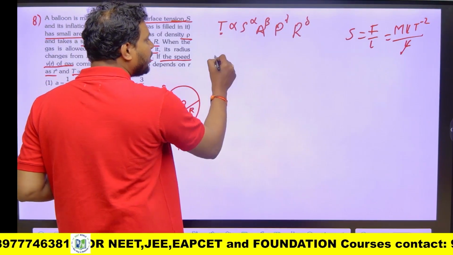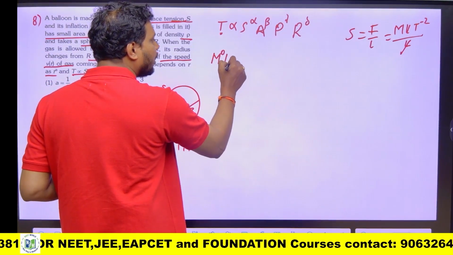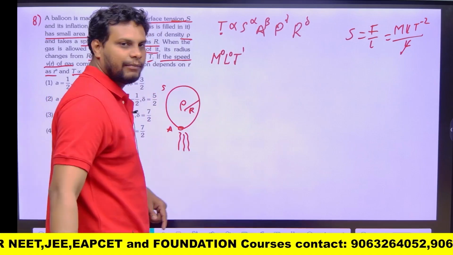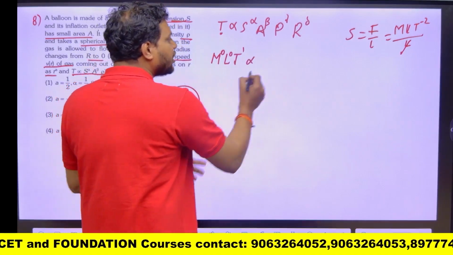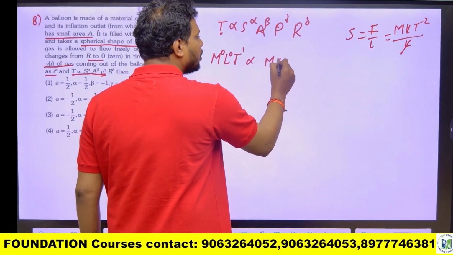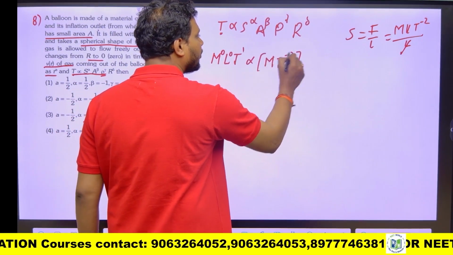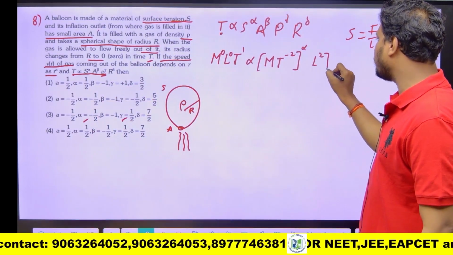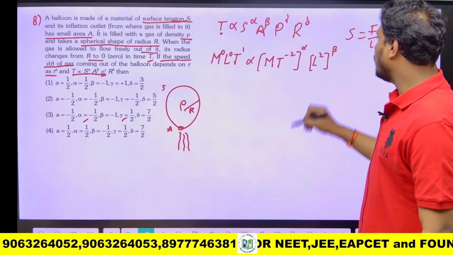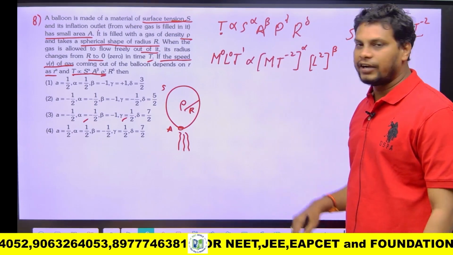And time can be taken as M power 0, L power 0, T power 1 in terms of dimensional analysis. It is proportional to surface tension, with dimensional formula M T power minus 2, whole power alpha, and area, dimensional formula L squared, whole power beta, and rho is the density.